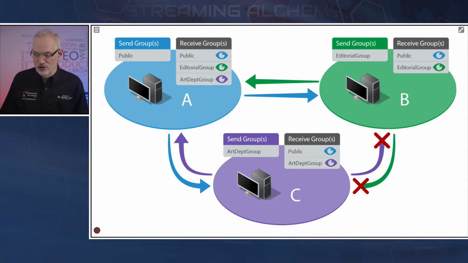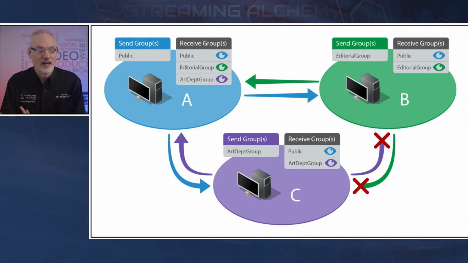So these two systems do not see each other at all. So as far as they are concerned, there's no link between them. None of the sources published by A are seen by C or by B, or by B or seen by C. But A sees everything from both of them. So you can easily see how this grouping works.